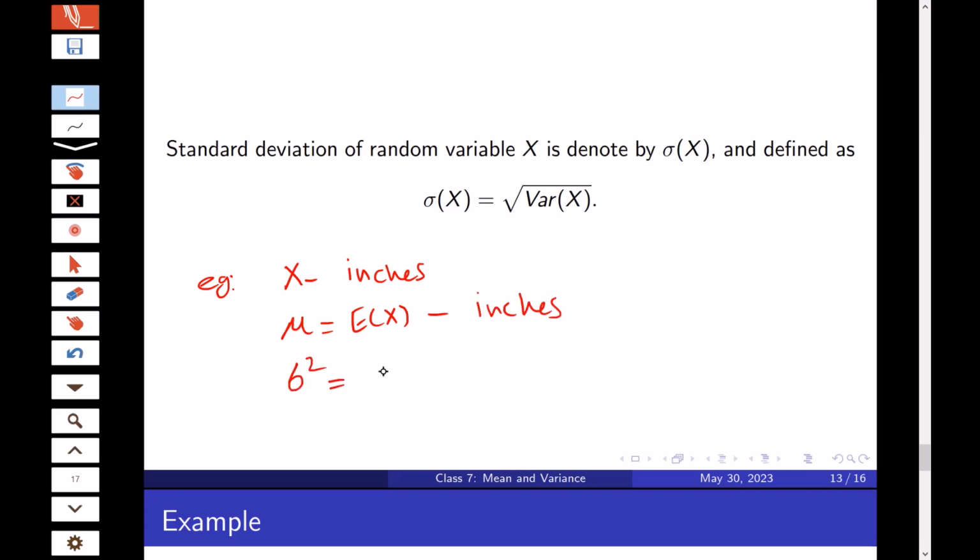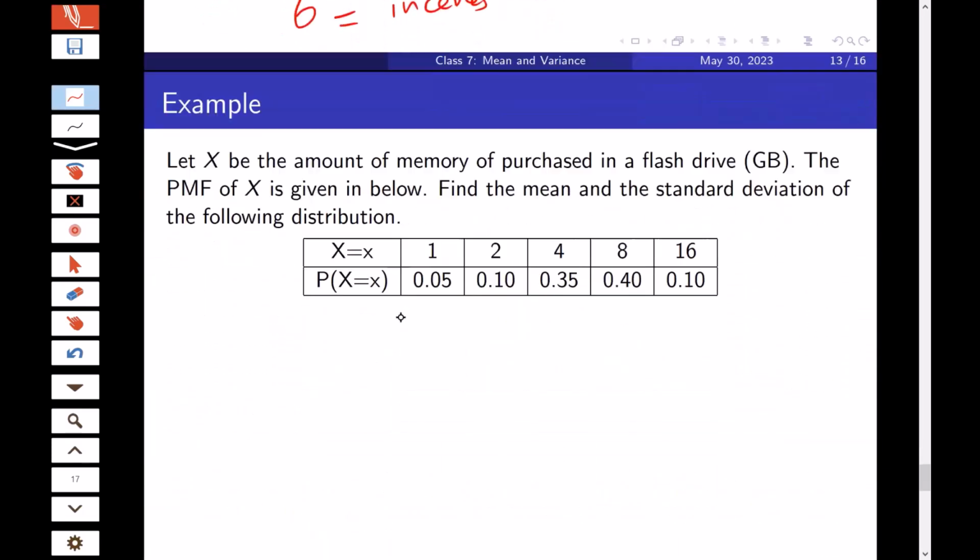Sigma squared has square inches, and sigma has again inches. Okay, same as for any other units. So that's another reason we are finding the standard deviation. Now I think that's a good time to do an example to understand these concepts.